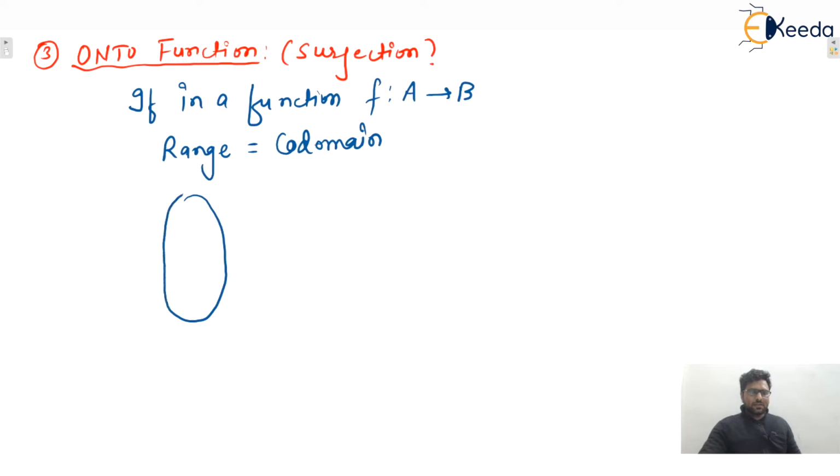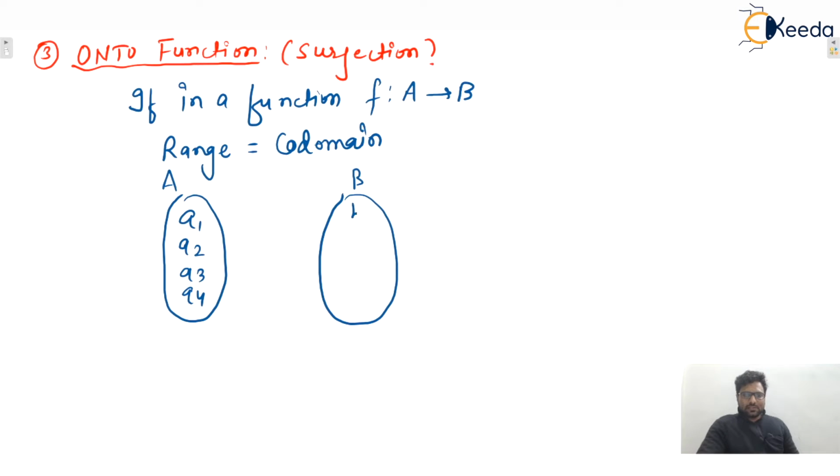So let us consider this is set A and this one is set B. Let's say here A1, A2, A3 and A4, four elements are there. And here B1, B2, B3, three elements are there. Now let's say A1 is associated with B1, A2 with B2, A3 with B1, and A4 with B3.